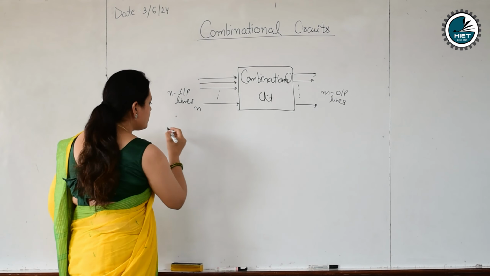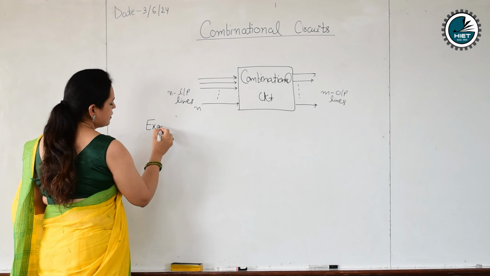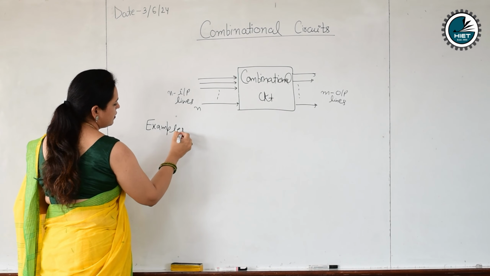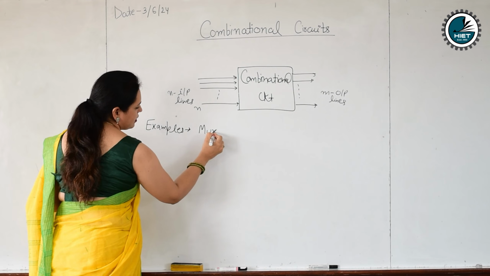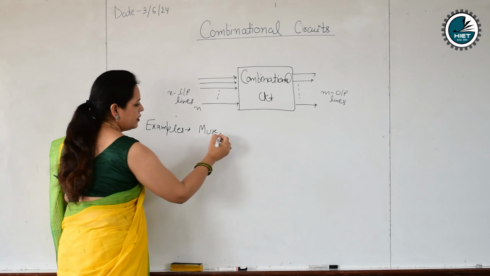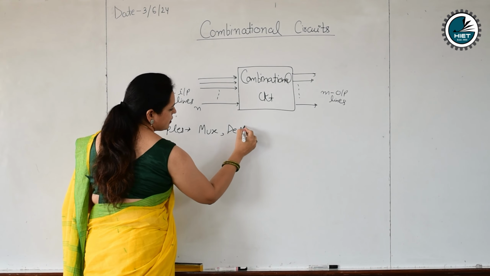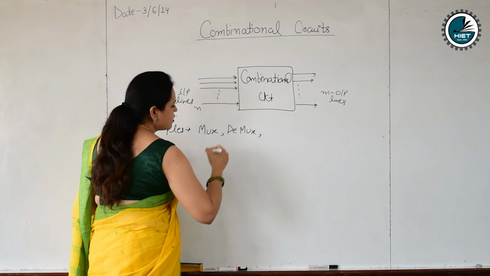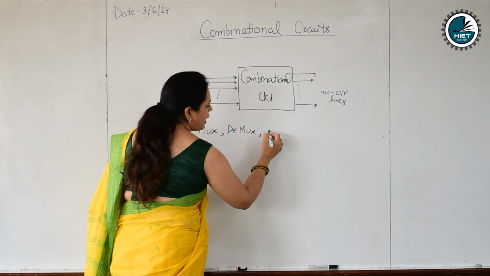Now, what are the examples of combinational circuits? Mux, that is known as the multiplexer. Demux, that is known as the demultiplexer.